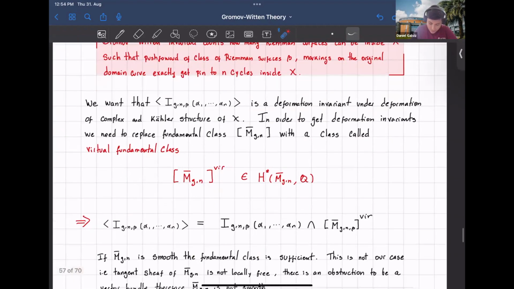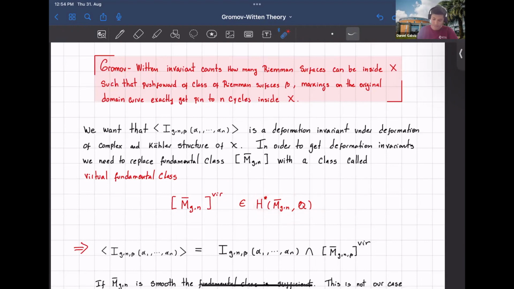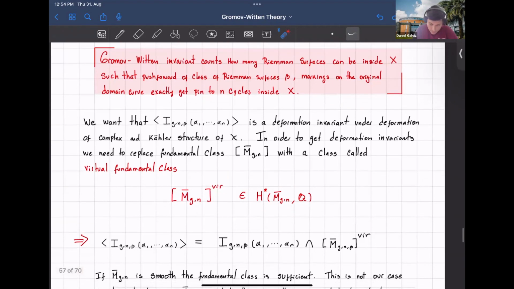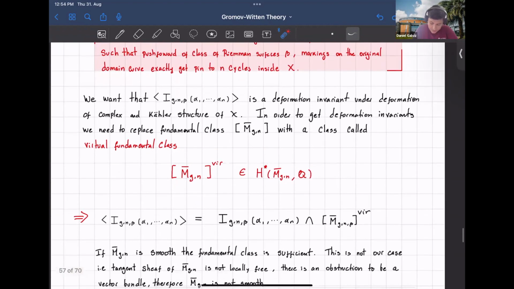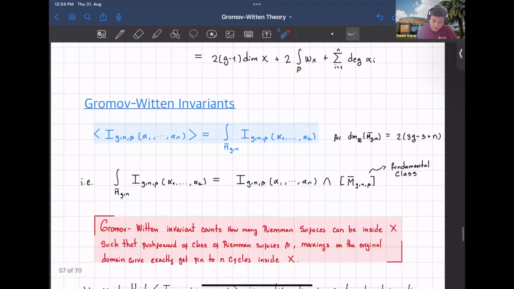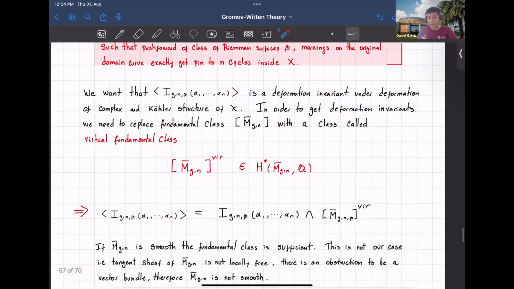This virtual fundamental class also lives in the cohomology of the moduli space of stable curves. Then again, the Gromov-Witten invariant will give us numbers counting curves embedded into our ambient space.